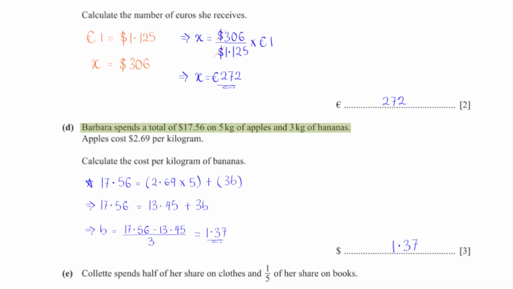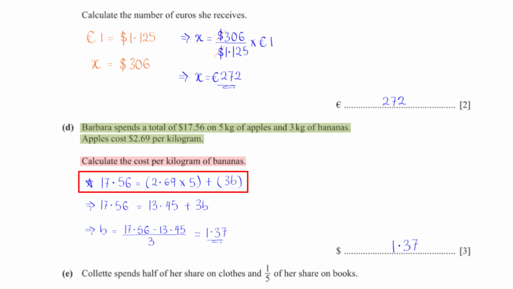Barbara spends a total of $17.56 on 5 kilograms of apples and 3 kilograms of bananas. Apples cost $2.69 per kilogram. Calculate the cost per kilogram of bananas.